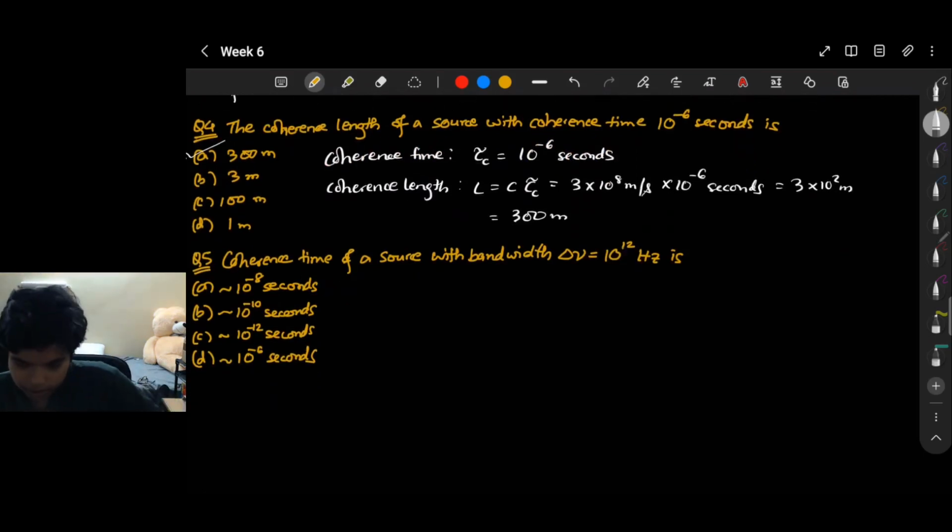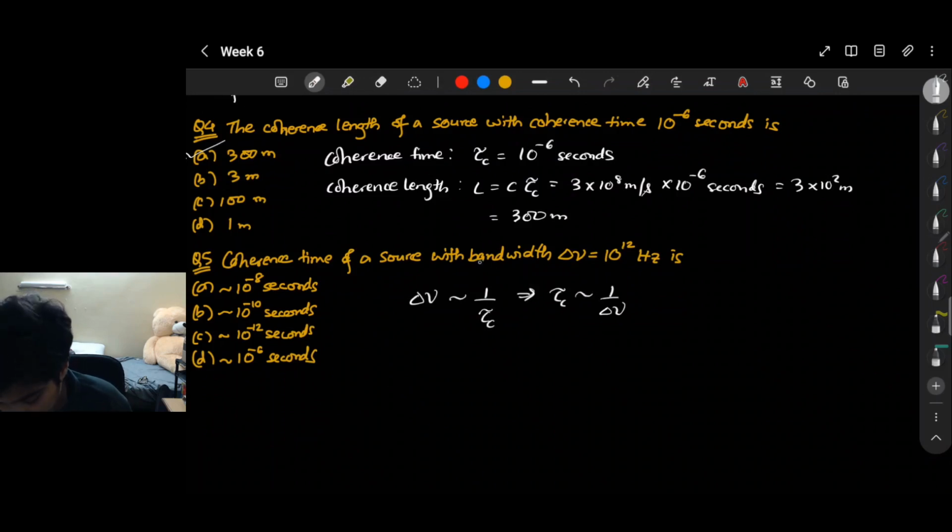Okay, so let us discuss the answer. Let me change the color of my pen. Delta nu is of the order of 1 over tau c, the coherence time, which implies the coherence time is approximately 1 over delta nu.